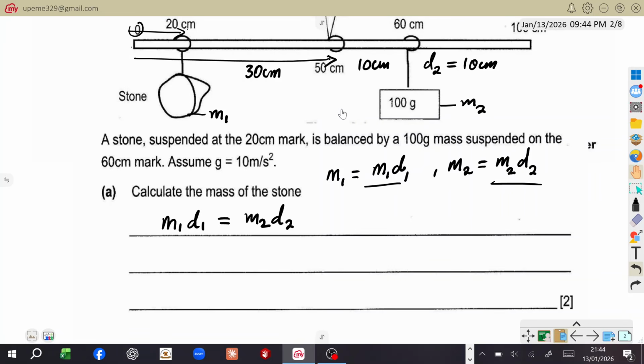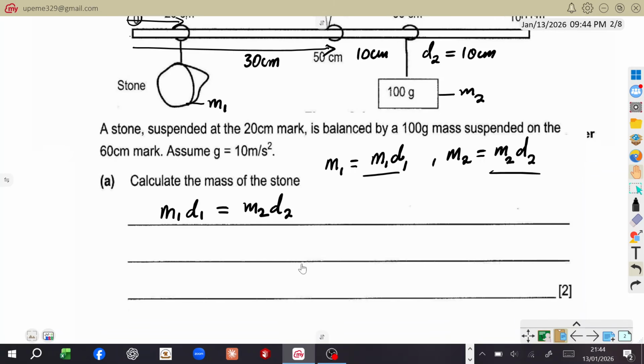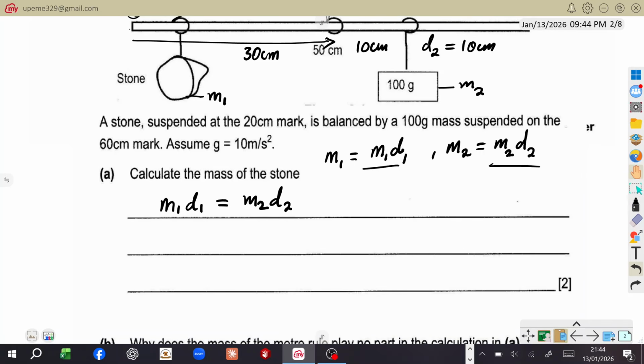Imagine you do all this work of identifying what information you need, and after you identify that information, you solve again. Again, they just give you 2 marks. You waste a lot of time doing that, and then you get few marks and you end up not finishing the paper.